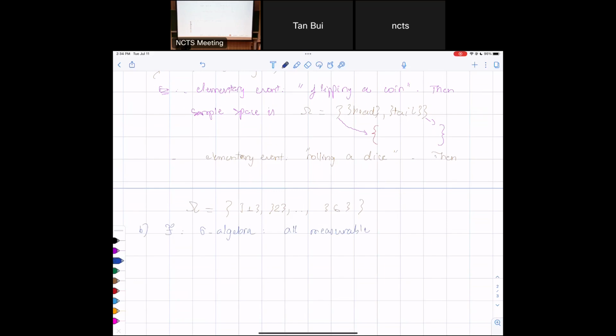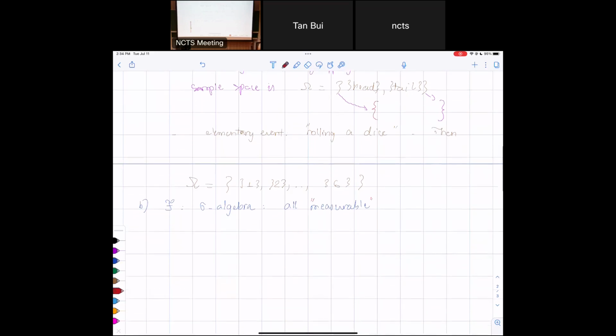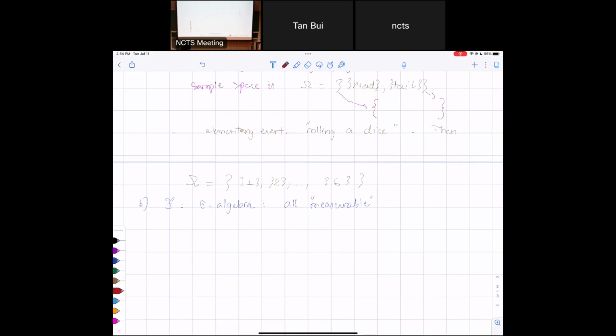So what do we mean by measurable? We're going to see that the sigma algebra cannot be defined by itself. It needs to come with the next object, which is called the probability measure. We're going to talk about it in a second. We're going to determine measurable in a second, on measurable events A that are a subsets of omega, the sample space.